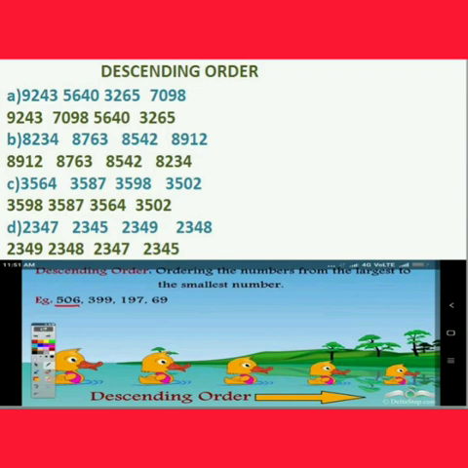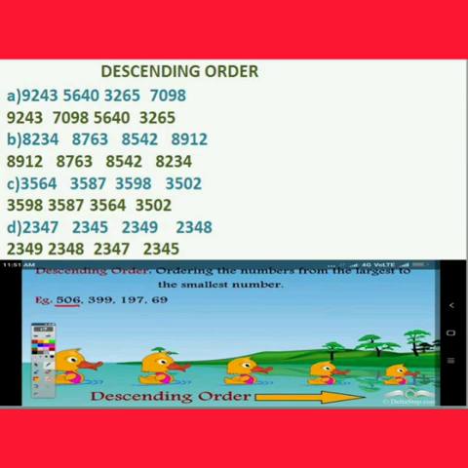So we are moving into the tens place, and then arrange the numbers from the bigger number to the smaller number. Next, in the last example, the thousands, hundreds, and tens digits are the same. So we are moving into the ones place, and then find the bigger number in the ones place and arrange the numbers from bigger number to the smaller number to form the descending order.